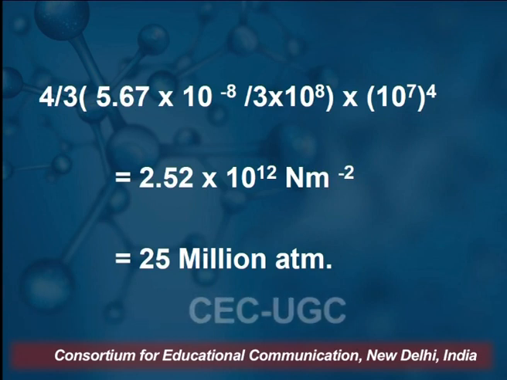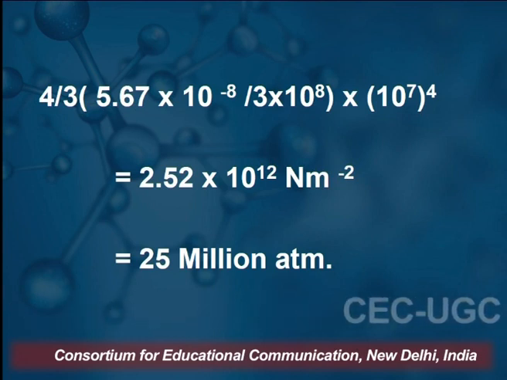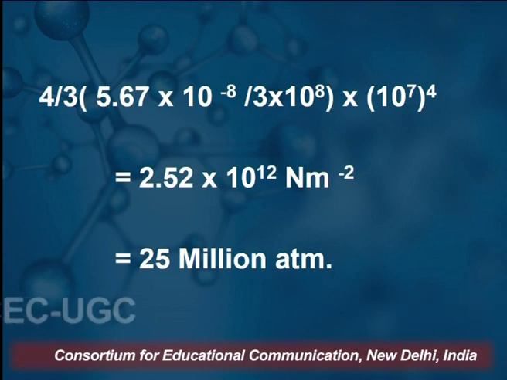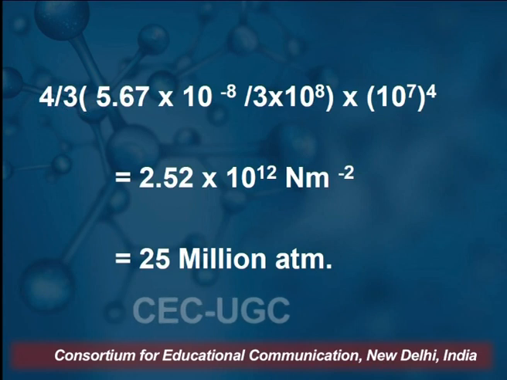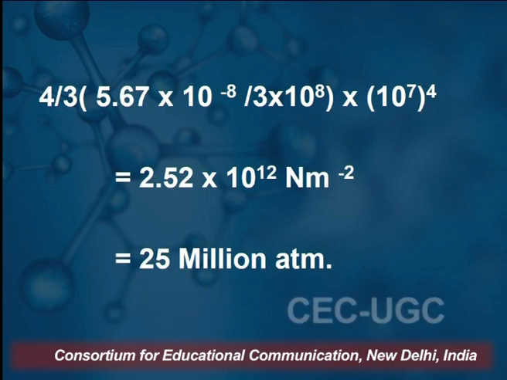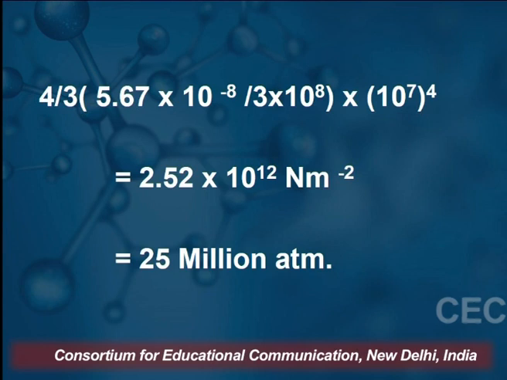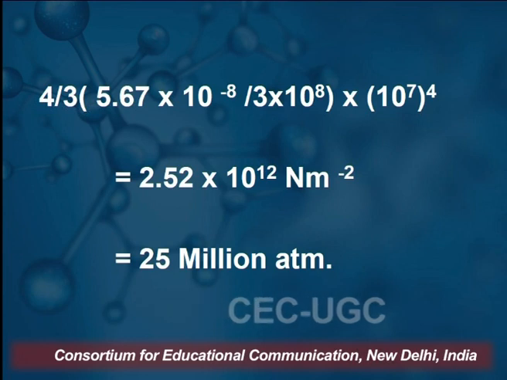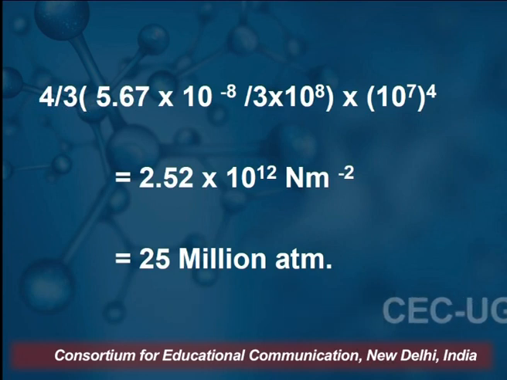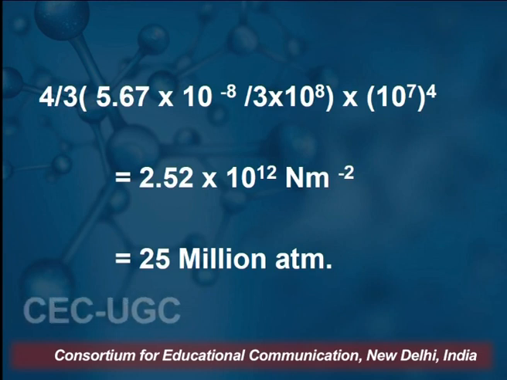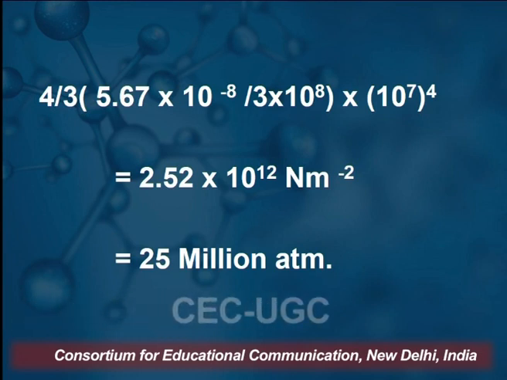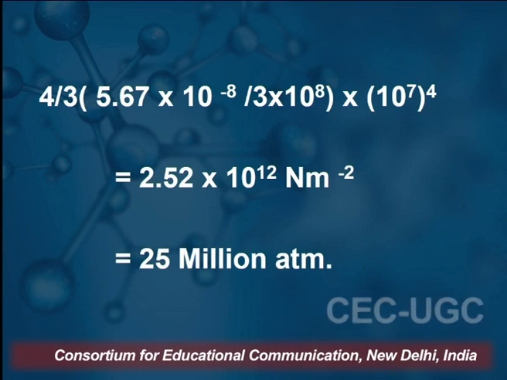If we substitute the respective values, we get 4 by 3 into 5.67 into 10 to the power minus 8, which represents the value of sigma, divided by 3 into 10 to the power 8, which represents the value of C, into 10 to the power 7 raised to the power 4, where 10 to the power 7 denotes T, capital T, that is the temperature of the sun.